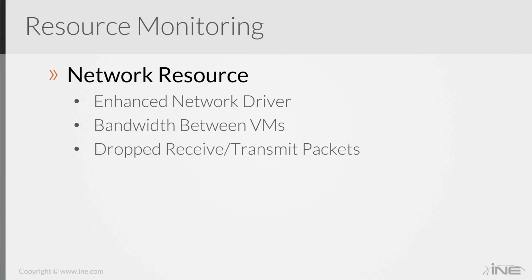There are some things we can do to ensure that our virtual machines are not constrained by network. First, we'd want to ensure that our VMs have the enhanced network drivers installed by installing VMware Tools on our virtual machine.